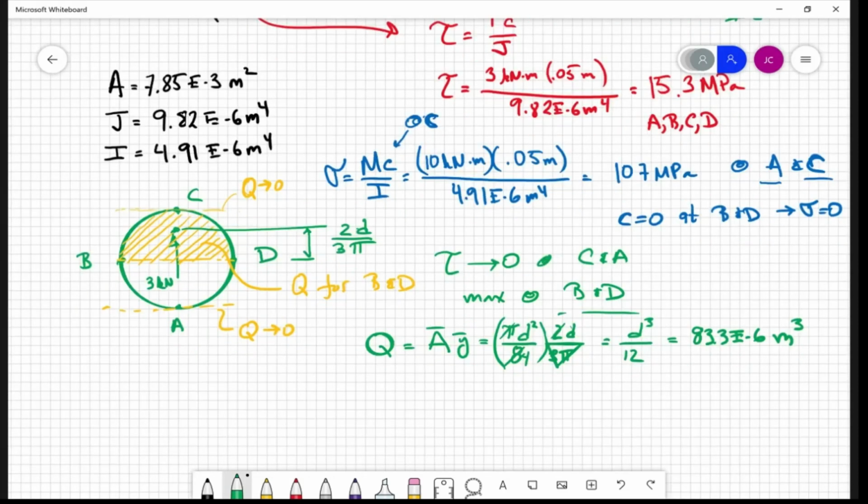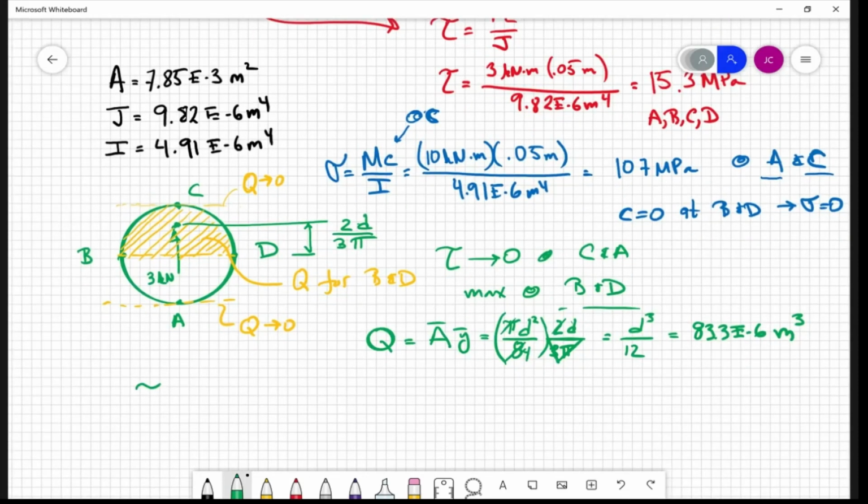So we know that the transverse shear stress there is going to be V, which is the 3 kilonewtons, times Q, which we just calculated as 83.3 times 10 to the minus 6 meters cubed, over I. So that's I for the whole cross section, which is the same I we used in the bending, 4.91 times 10 to the minus 6 meters to the 4th.